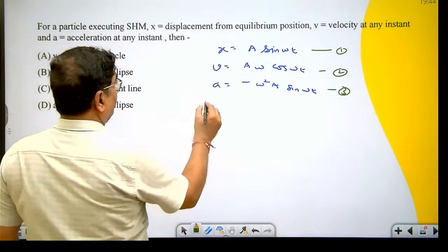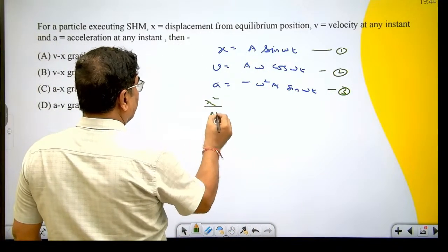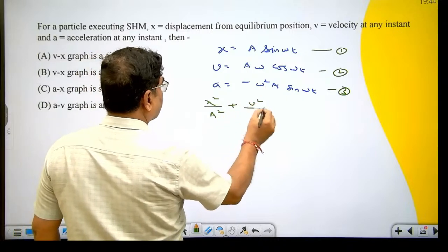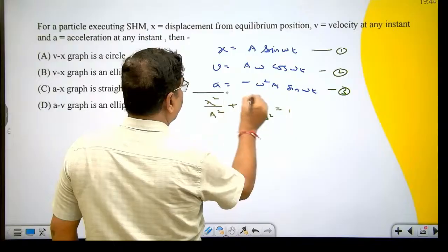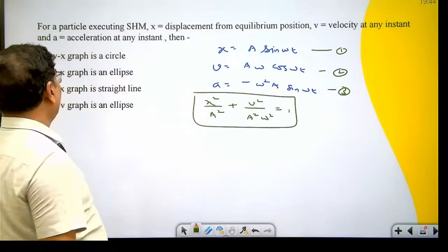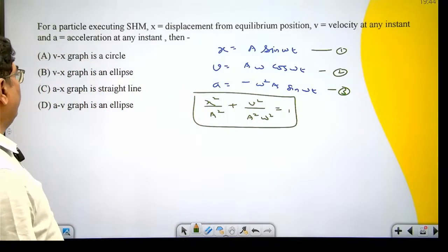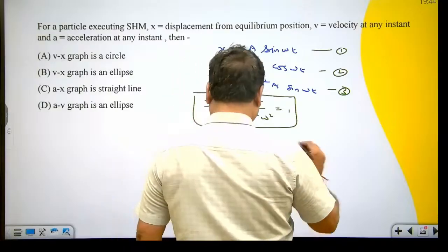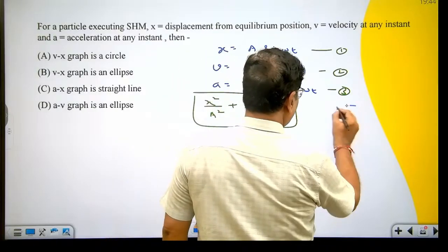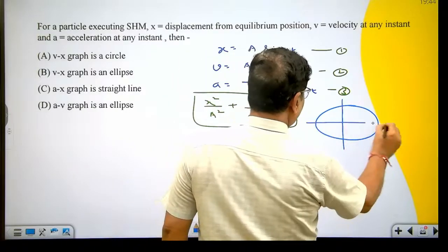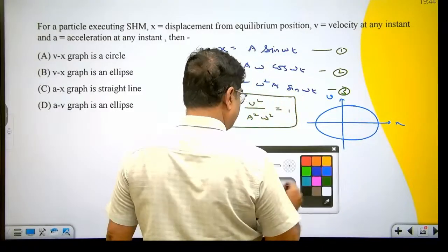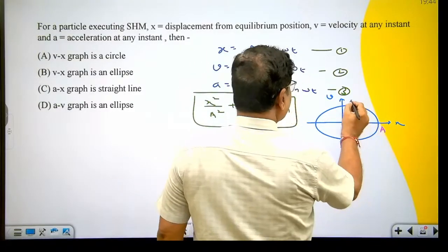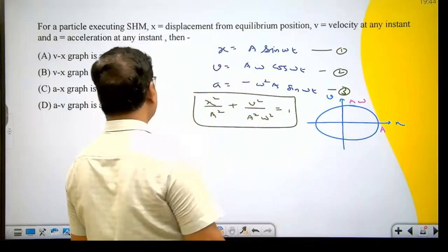From equations 1 and 2, we can write x square upon A square plus v square upon A square omega square. This will give 1 because sine square omega t plus cos square omega t equal to 1. So the graph of x and v will be an ellipse, okay, like this. This is v and this is x. This will be A and this will be A omega, okay.